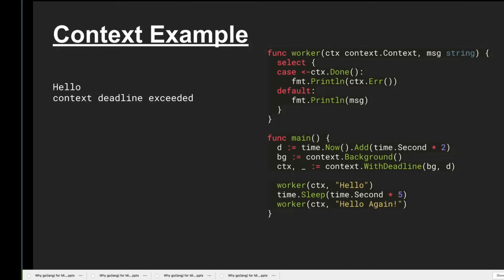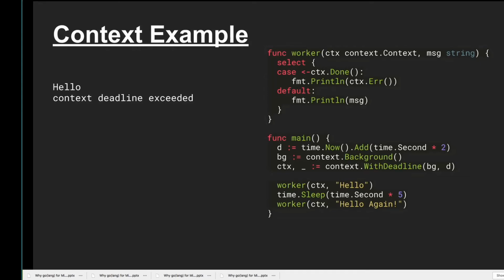And in our main function, we declare that we want a context based on the background context. That's the parent context that your program starts with. And it says with a deadline of 2 seconds. So this context is saying that I only want this to ever take up to 2 seconds, and if it's more than 2 seconds, we should probably abort.